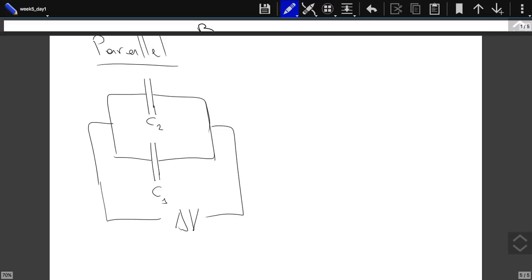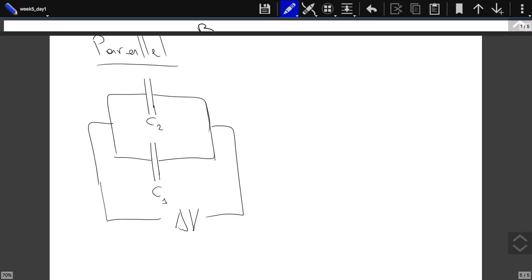Now, in the series connection, it is easier to think in terms of the charge given. In this one, it is easier to think in terms of the potential applied, the potential difference between the endpoints. So what is the charge on this capacitor? What is the potential difference across these 2 points?